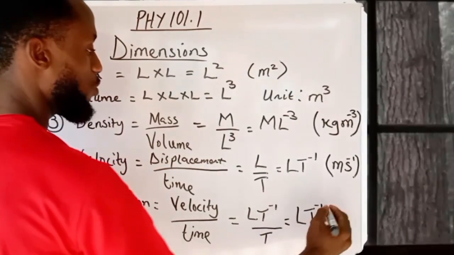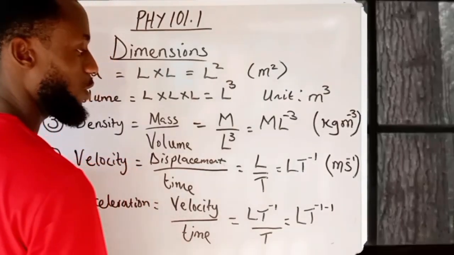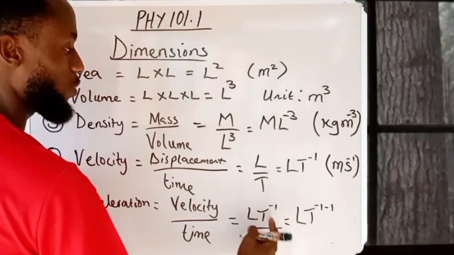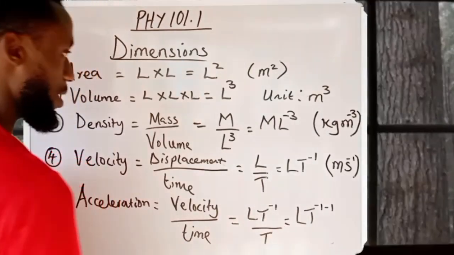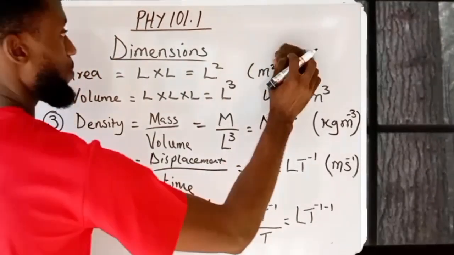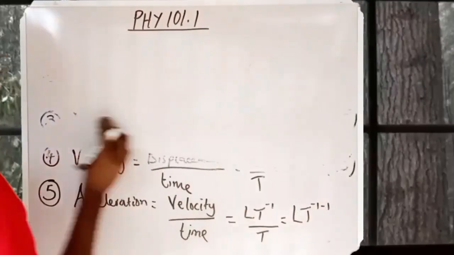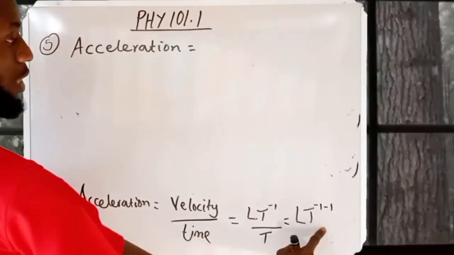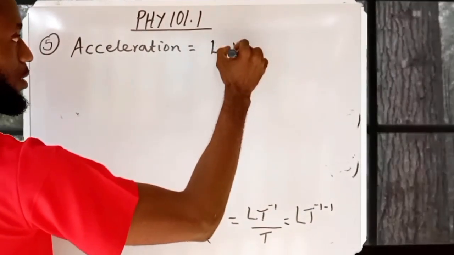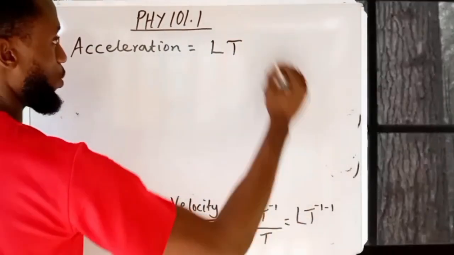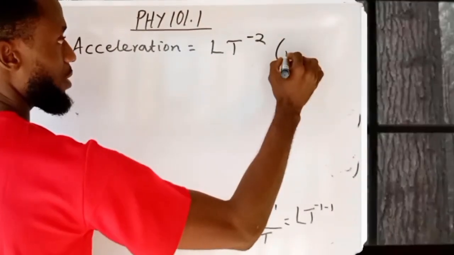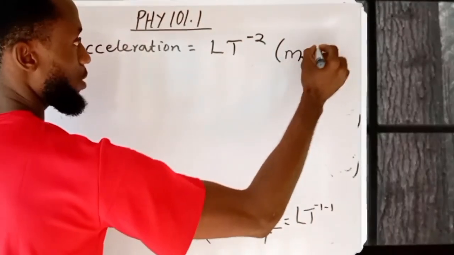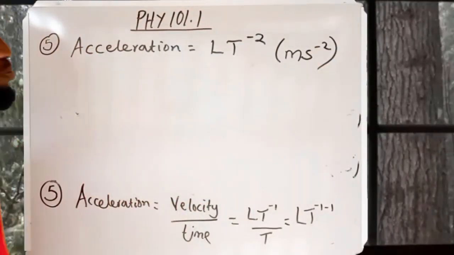This has an invisible power of 1, so I'll subtract another 1. Because of division, we subtract powers. So that finalizes our answer. Acceleration now becomes L T to the power minus 2. So the unit will be, length is in meters, time is in seconds, and the power is minus 2, meters per second squared.